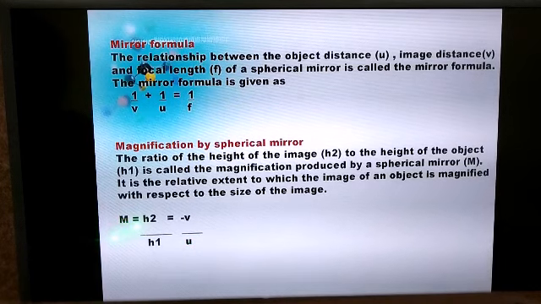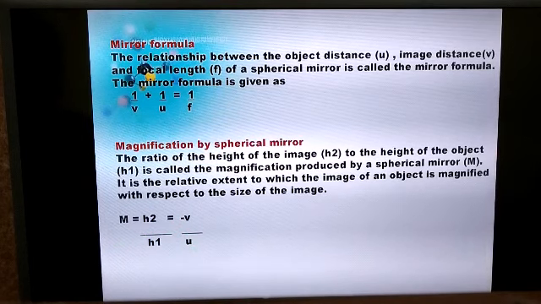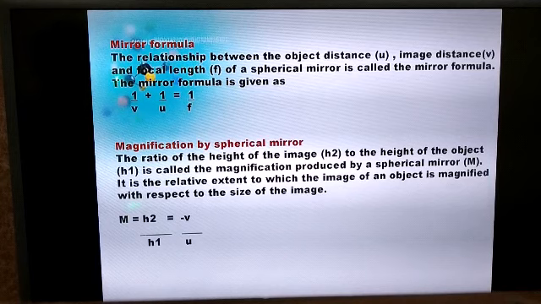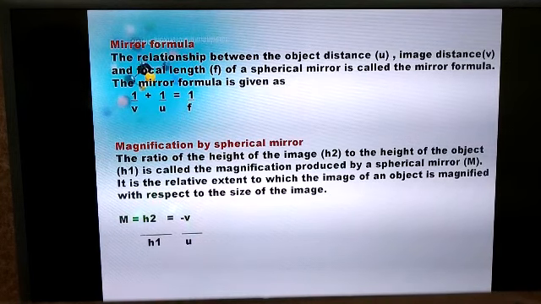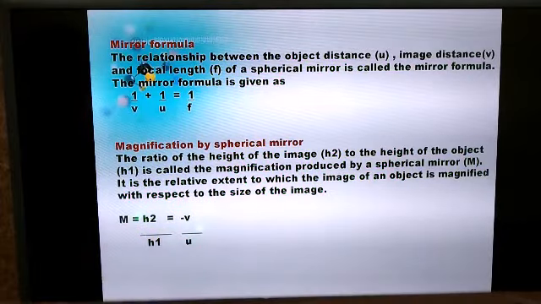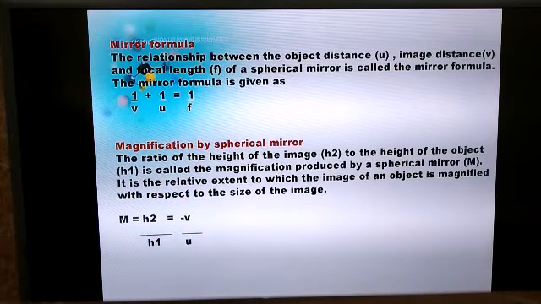So we get M is equal to H2 upon H1 is equal to minus V upon U. We are going to use these two important formulas, 1 upon V plus 1 upon U is equal to 1 upon F, and M is equal to H2 upon H1 is equal to minus V upon U, while solving numericals.